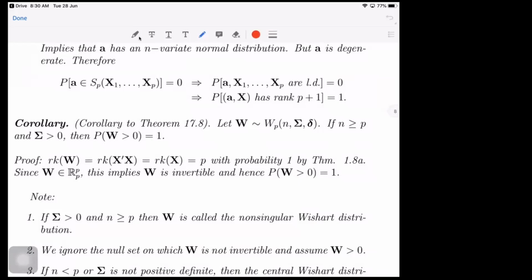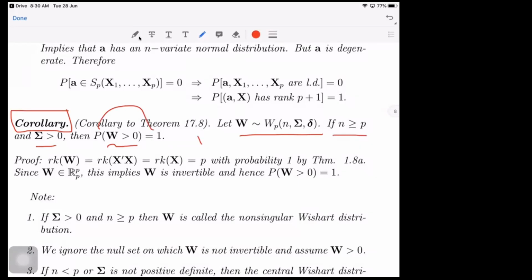And then as a corollary on that, since you need that result to have this corollary, and since we are talking about a Wishart distributed random matrix here, if these two are satisfied, n is greater than P and sigma is greater than 0, then we know that W will be invertible, and that is with probability 1.